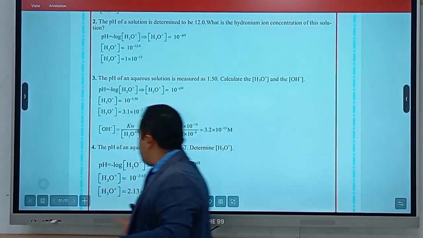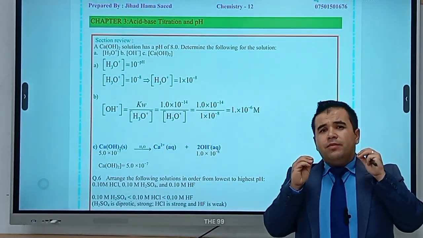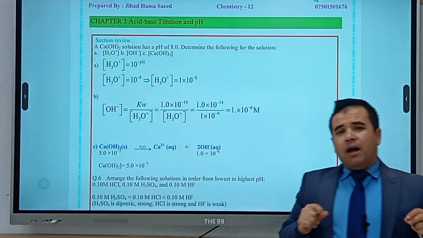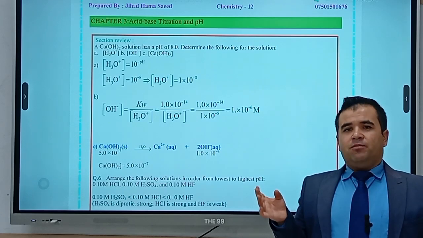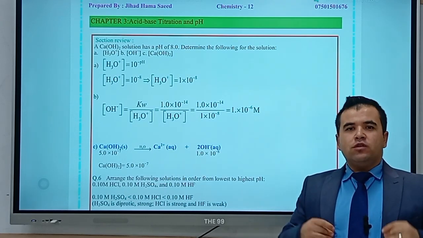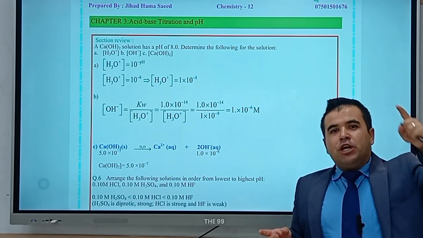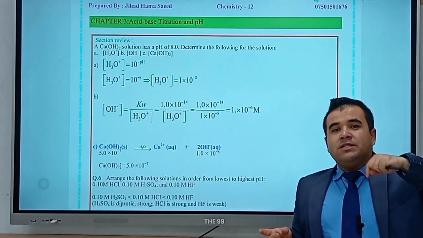So guys, to solve the questions, if any value of the acids and bases is given, you'll be able to calculate the hydronium, hydroxide, pH, pOH. There is a chain between these equations.